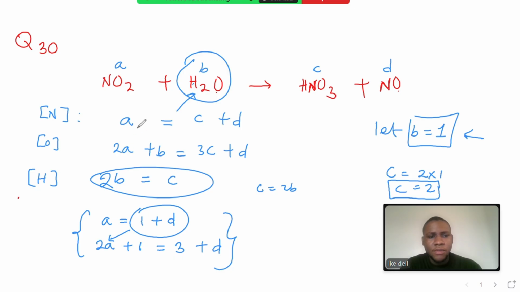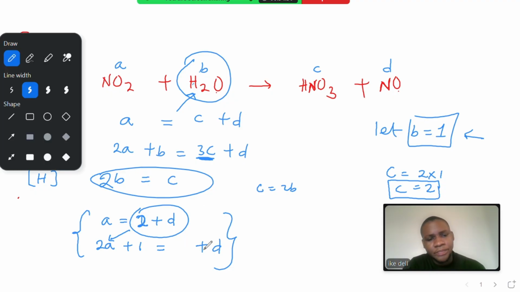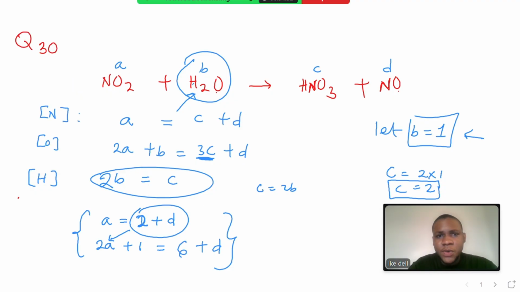From here, A equals C plus D. So A will be equal to 2 plus D instead, because C is 2. And then 2A plus B equals 3C. 3C would then be 3 times 2, which is 6, plus D. So mistakes are good. They help you learn.